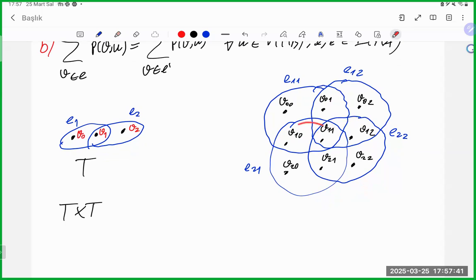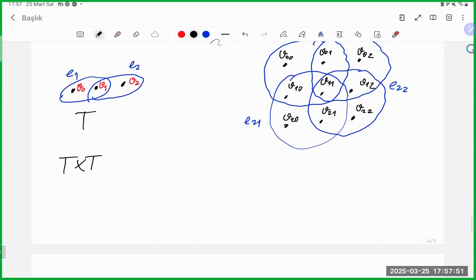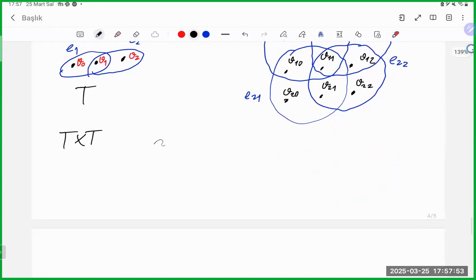So for example, the sum of those two and the sum of those two must be equal. But as I said, the direct product does not always give a scenario that respects the non-signaling conditions.